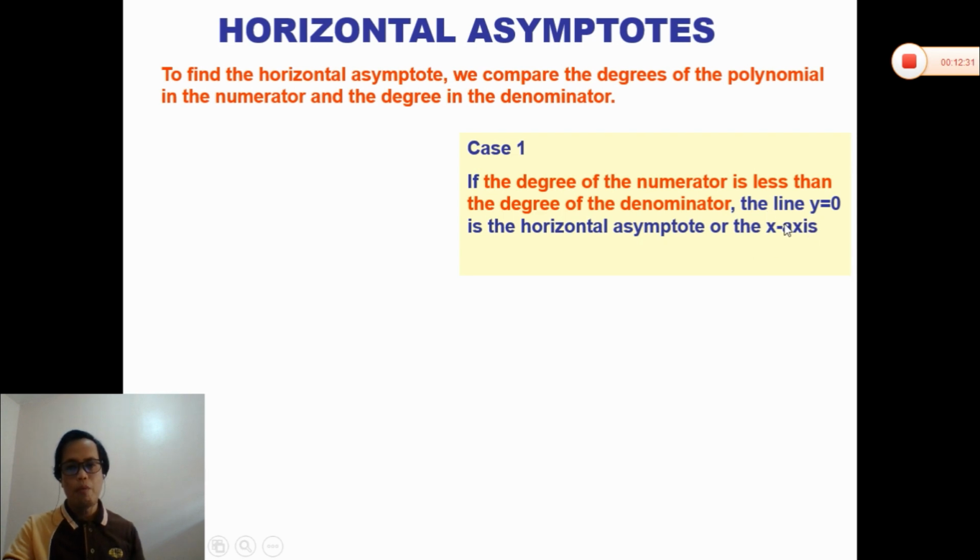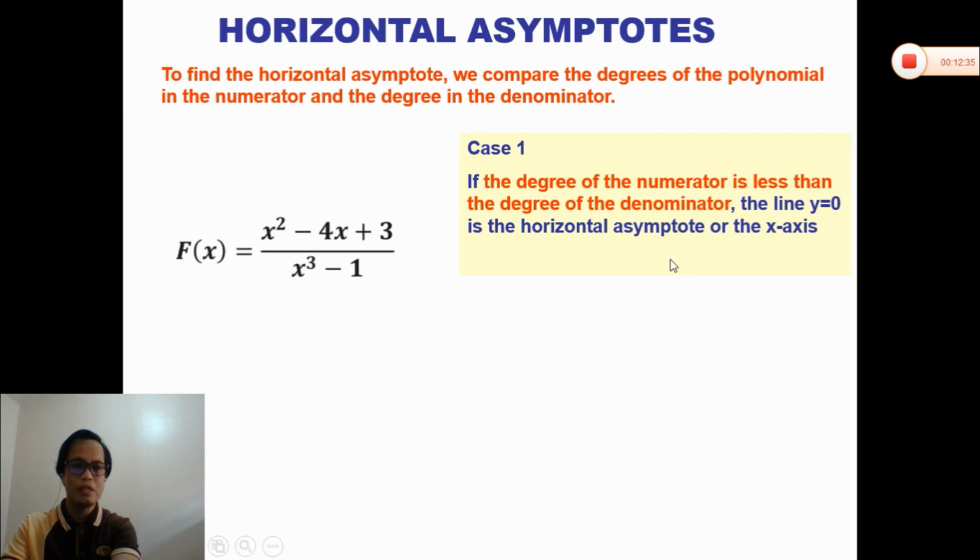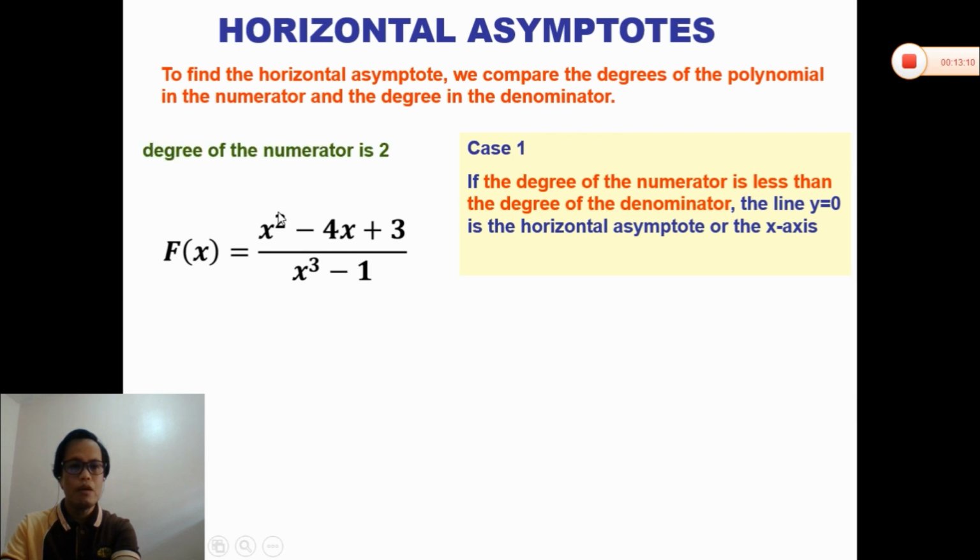So, we compare the degree of the numerator and denominator. Let's have this example. For example, we are given the function f of x equals x squared minus 4x plus 3 over x cubed minus 1. When we compare the degree of the numerator and the degree of the denominator, the degree of the numerator is 2.